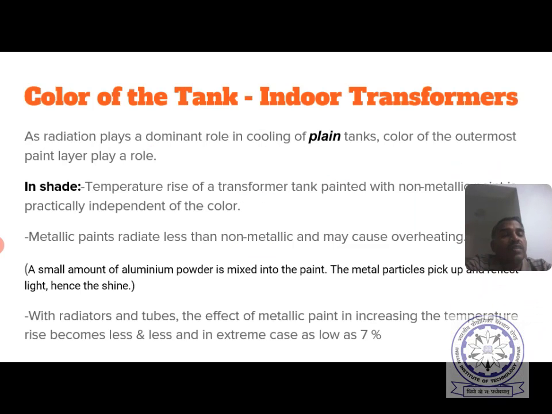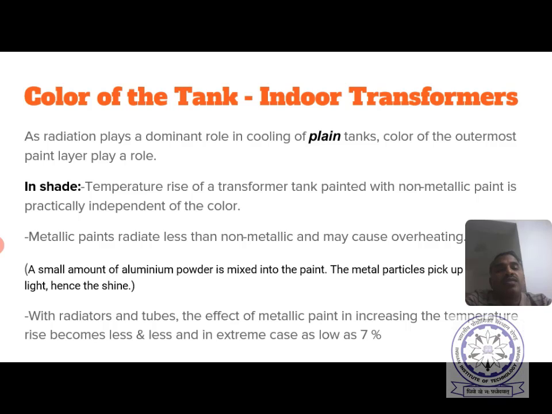Color of the tank. Radiation plays a dominant role in the cooling of plain tanks. Plain tanks means those which do not have radiators or external cooling mechanisms such as fans, coolers, etc. For those plain tanks, the color of the outermost paint layer plays a role. Where and how it plays a role, let us see.